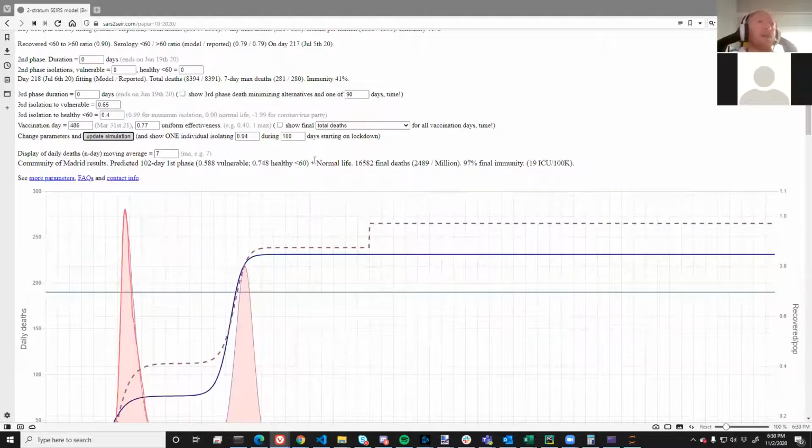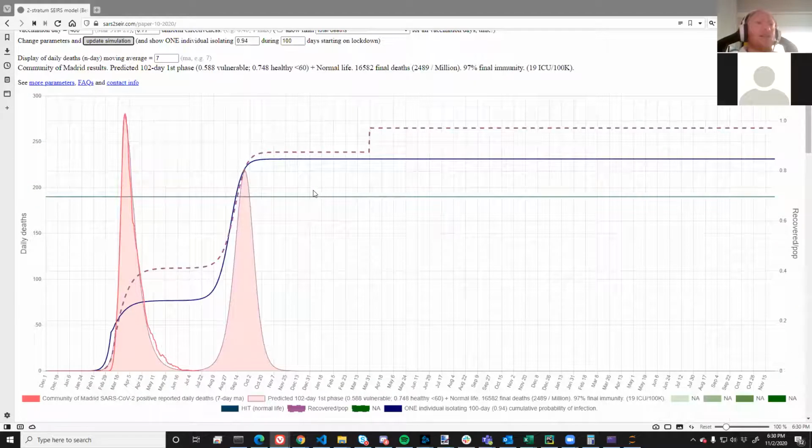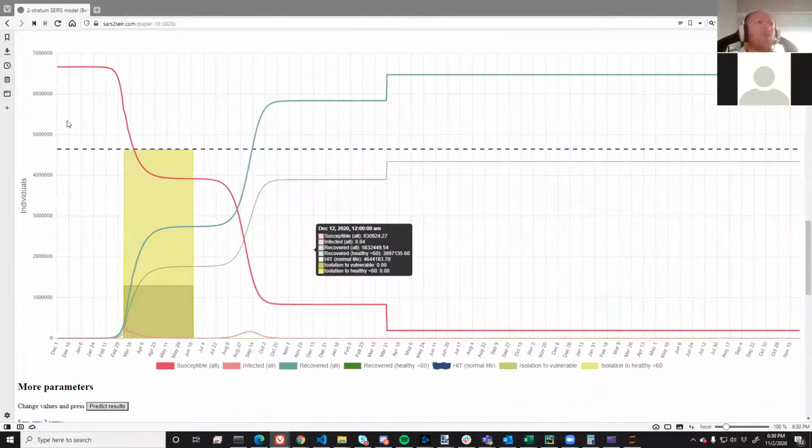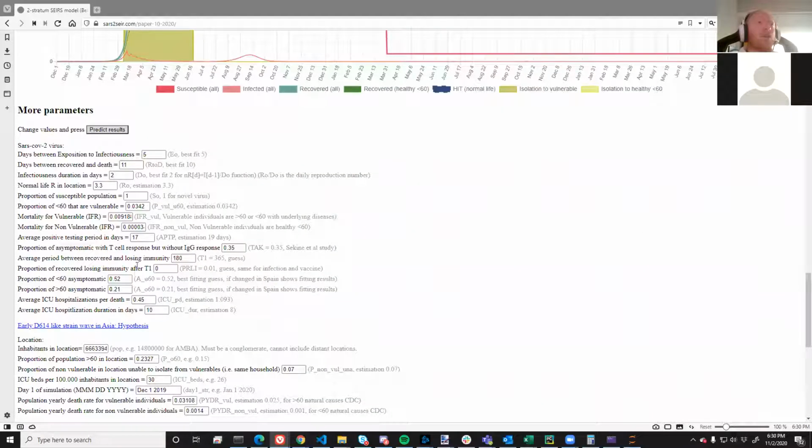Now, one interesting thing that we can change: below we have all the parameters, and one parameter that is under discussion is the actual R0, the unmitigated R0.